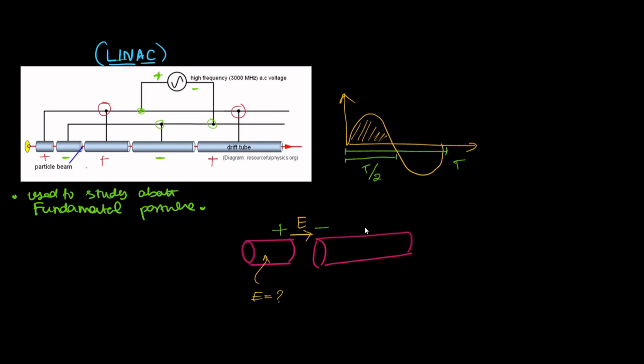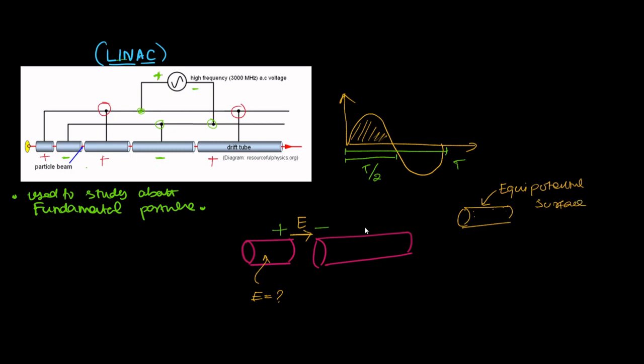Let's think about that. In electric fields we have already learned that in a conductor the potential is the same everywhere. We call it an equipotential surface.